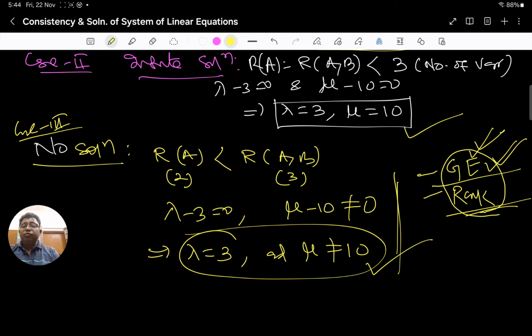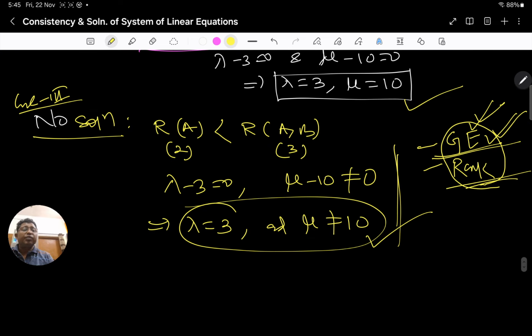Consistency was hidden earlier, but here after this Rouche's theorem, you can implement this consistency on the basis of your rank of the matrix. Okay, so this is all about the consistency of the solutions. For many problems you should see some standard book, and my first lecture on Gauss elimination will also give you many examples. Let us close this lecture.